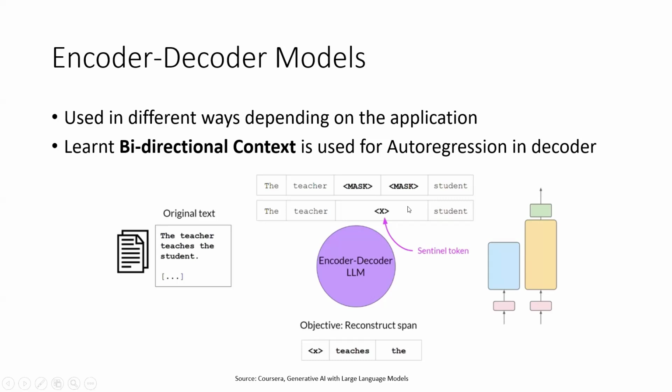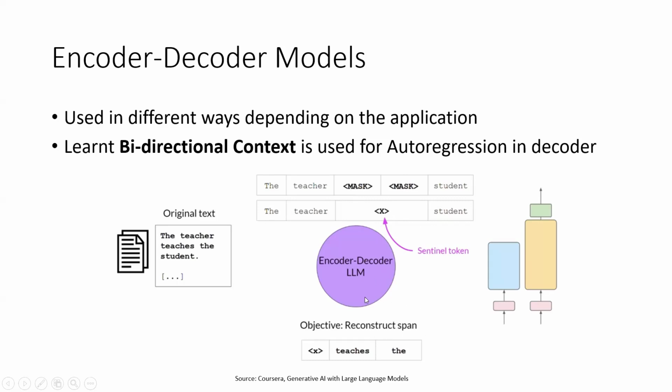Here we can see how the T5 model, which is an available open source model, works. It has several mask tokens, and it replaces all these mask tokens with a separate token known as a sentinel token.